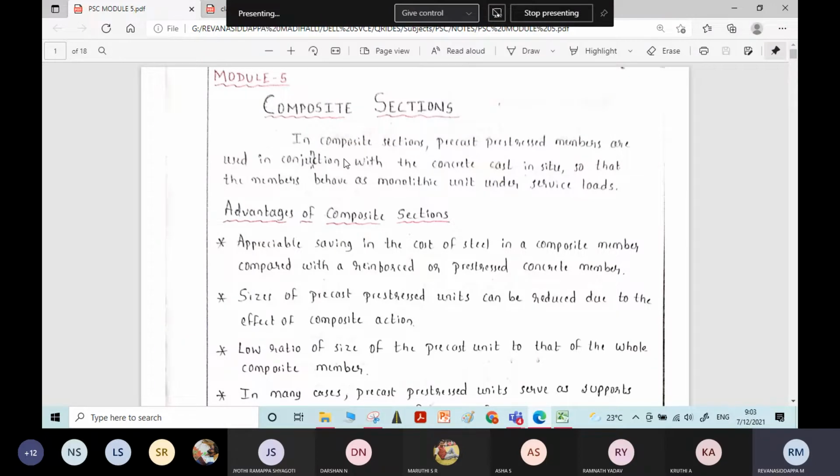Before starting the discussion, let me tell the course outcome of this module, meaning the ability you get after successful learning of this module.